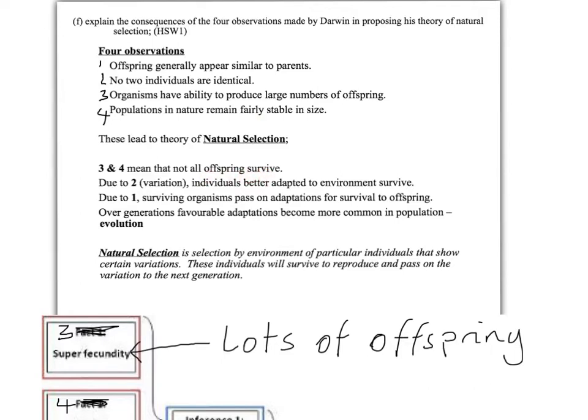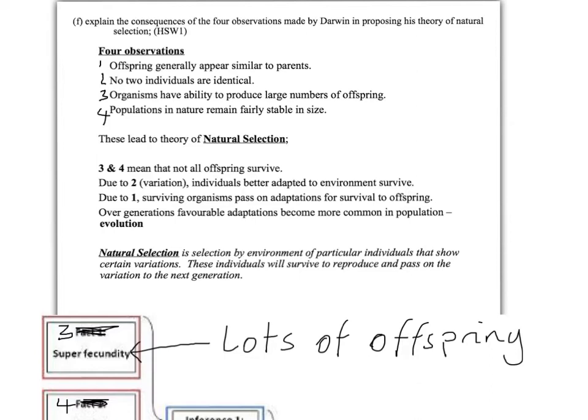And then because of 2, because of variation, what he proposed was that the individuals that did survive were better adapted to their particular environments. So their adaptations influence their survival. Conversely, individuals poorly adapted to their environment had less chance of survival.